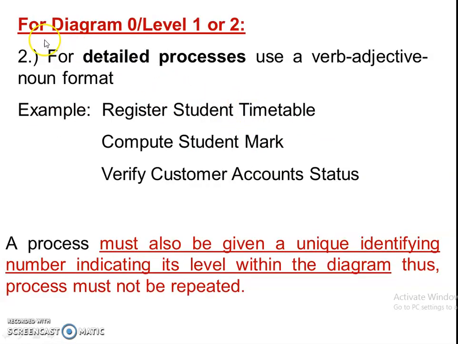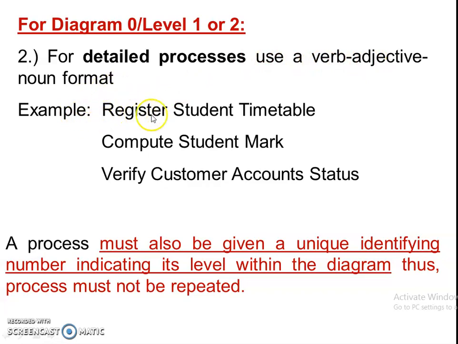Second, for diagram 0 or level 1, or if you have the child diagram or level 2, we consider this level as detailed processes. Here we have to be specific on what is actually happening in that process. So we will be using a verb, adjective, noun format.